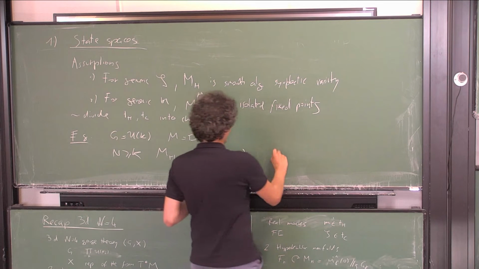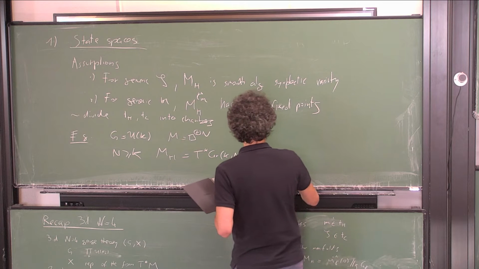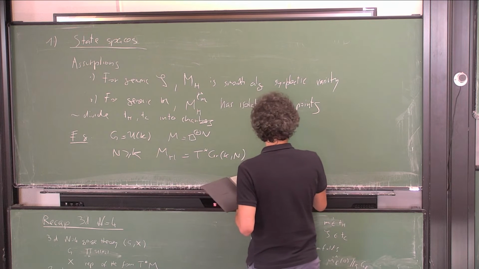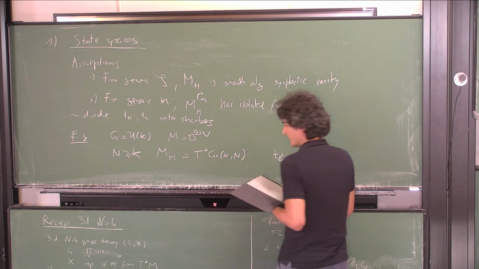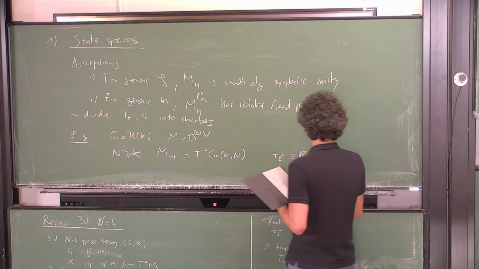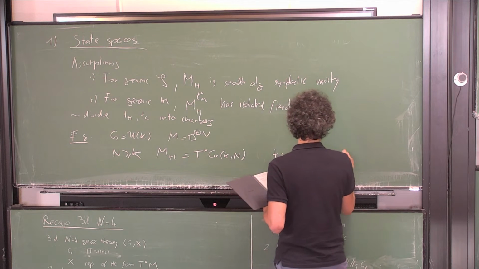T_C is essentially R, and it cannot be 0.